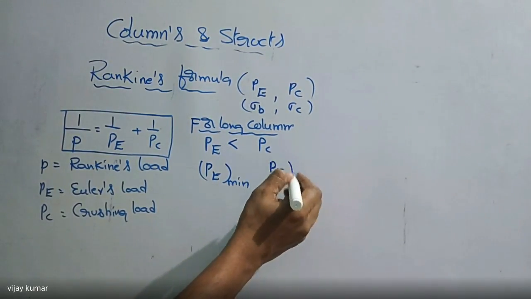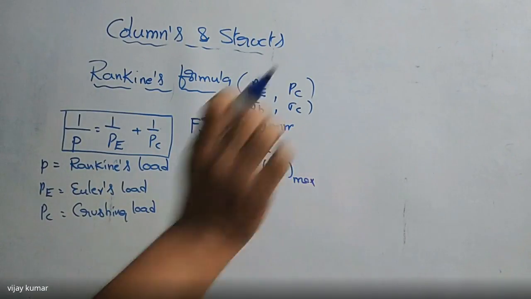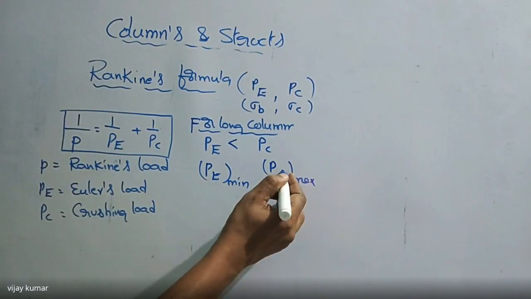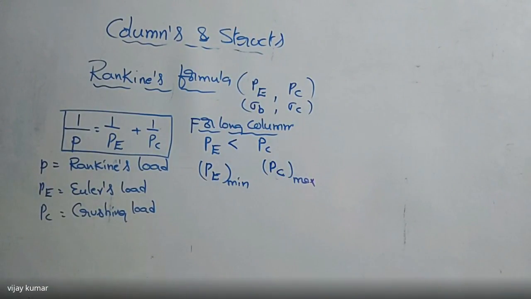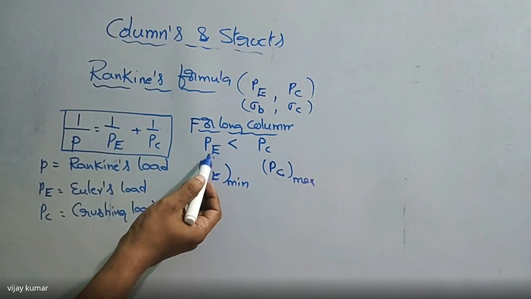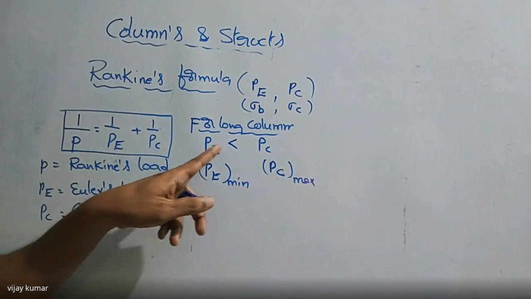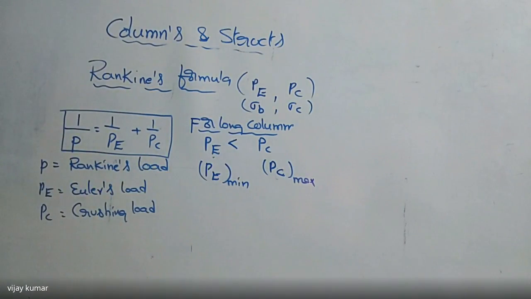If PE is minimum, less than PC, then automatically PE is always less than PC here. That is, the buckling load is always less than the crushing load in the case of a long column.